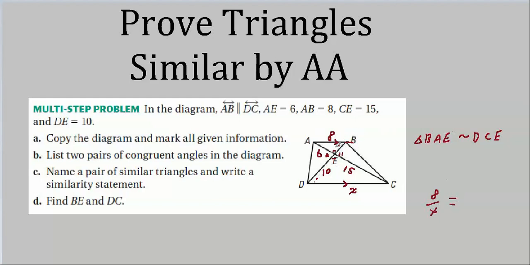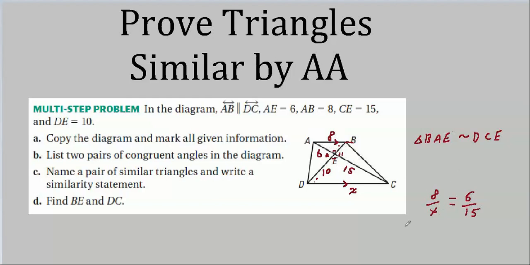Well, these two are the congruent angles, and opposite them is the 6 and the 15. So the ratio of this side over this side is the same as the ratio of this side to this side.